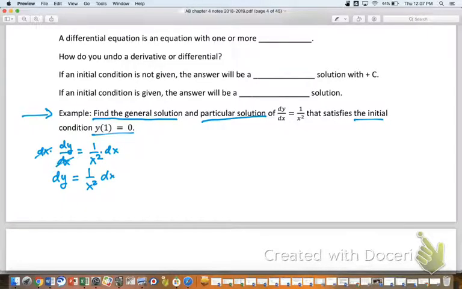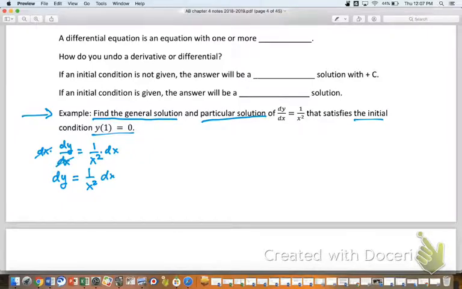The doorway for you to get any points on a question like this, where you're finding a solution to a differential equation, the doorway that you must walk through to get anything is that one right there. You must show the separation of variables. I don't want you just to think it, or just to say it, or just to imagine it. You must write it. This gets to the heart of what an antiderivative actually does.